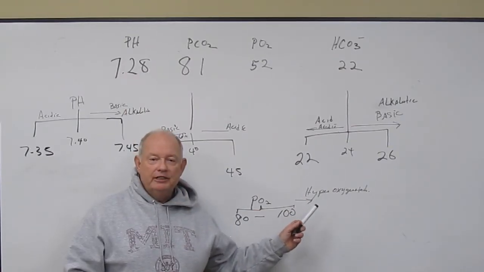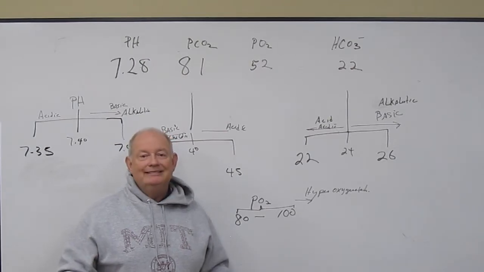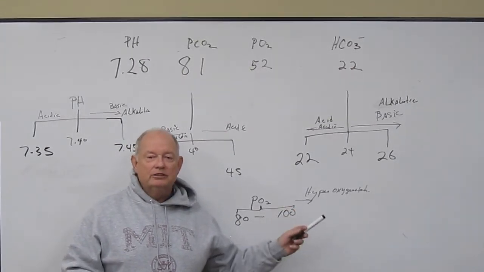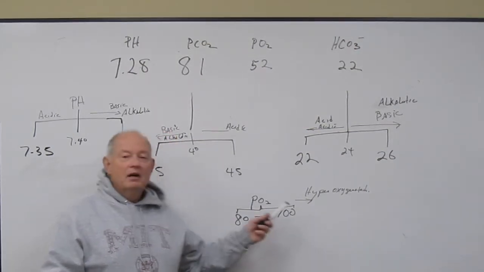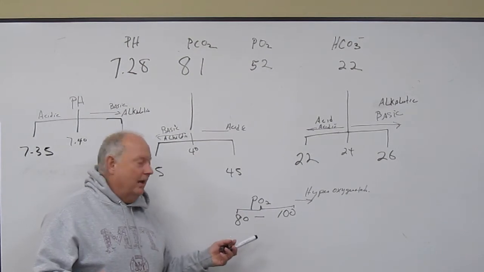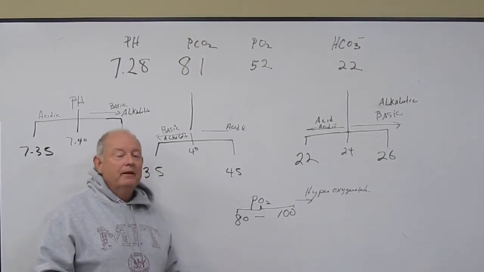If we're hyperoxygenated, that's a bad thing. Oxygen is a poison. It's a toxin. It's toxic. So don't over-oxygenate your patient. Oxygen is a good thing. If we don't get enough, we die. So don't get your patient hypoxic either.